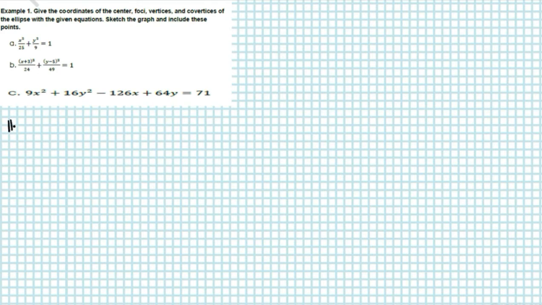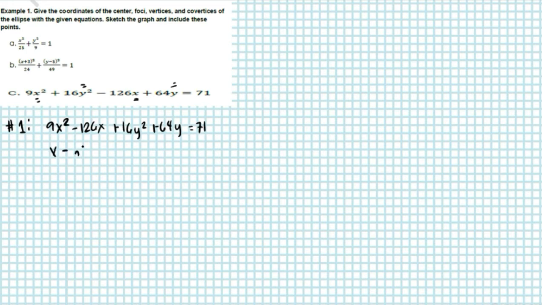So, ang gagawin natin, first step, combine same term, same variable. Terms with the same variable, so x and y. 9x squared minus 126x plus 16y squared plus 64y is equal to 71.